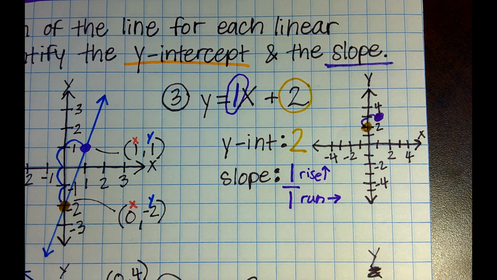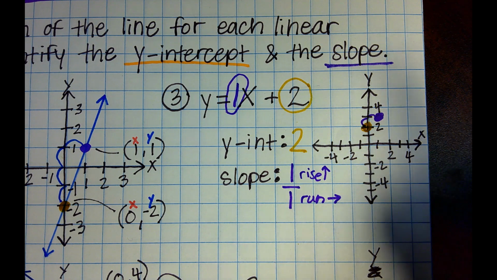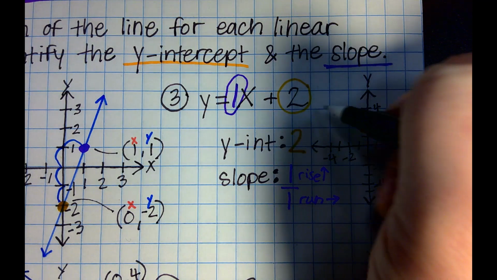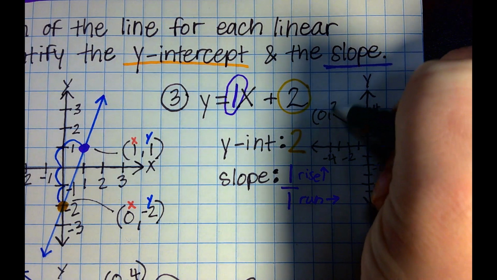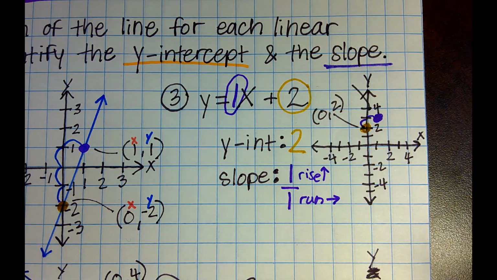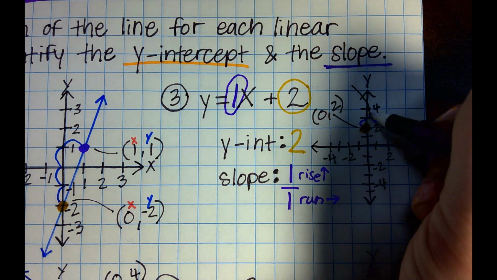Right there. And I know this one's a little squished, but we'll make do with it. So what would our first coordinate be? The first one we put on? 0, 2. Perfect. And how about our second coordinate? 1, 3.